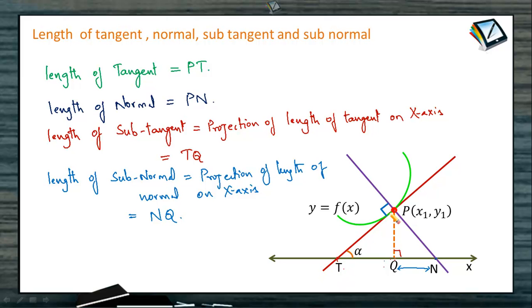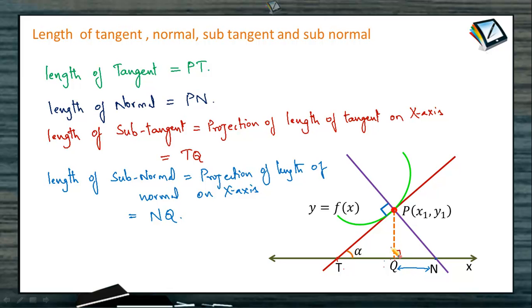That is, PT is the length of the tangent. Similarly, from the point P to the point where the normal cuts the x-axis, that is, PN is the length of the normal. Then the projection of the length of the tangent on the x-axis is called the subtangent and the projection of the length of the normal on the x-axis is called the subnormal. Is the idea clear? Right.